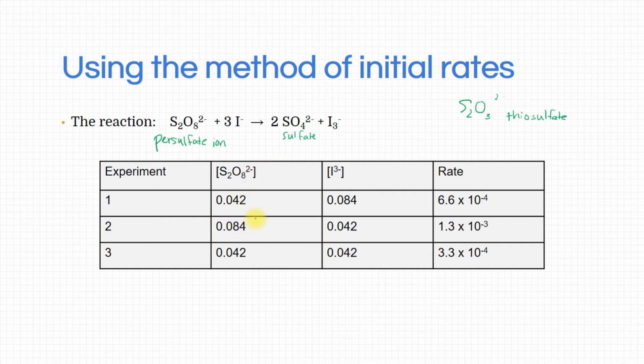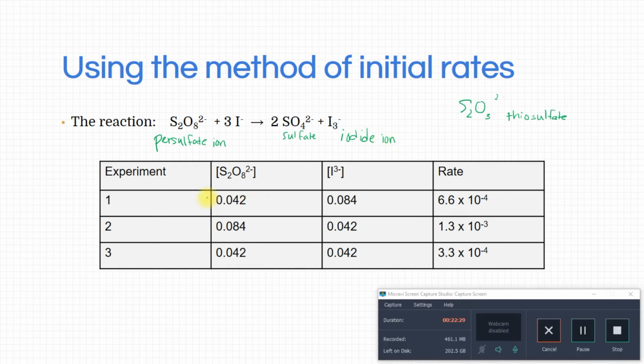So what we've done is arranged 3 experiments, and these concentrations are specifically chosen so that 2 of the persulfate ion concentrations are identical, and we vary the amount of I minus, which is iodide ion. Nope, sorry, that was wrong. There's 3 iodines, so it's triiodide. Iodide would just be I minus.